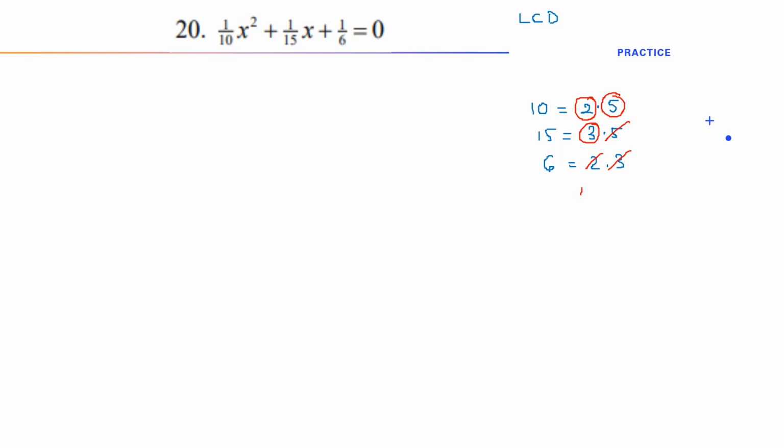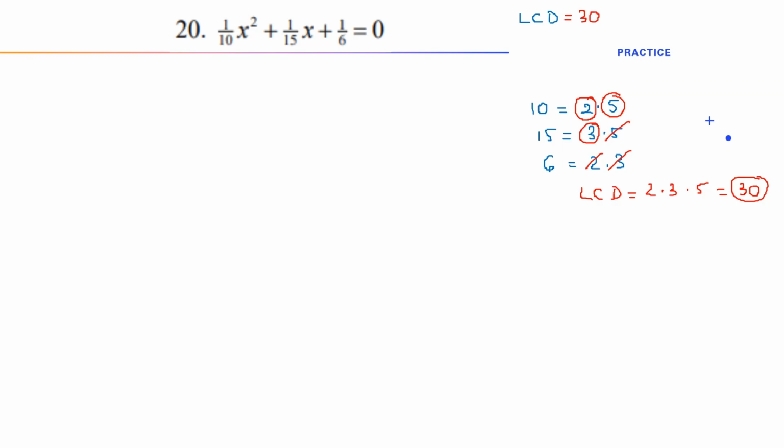So my LCD, the least common denominator, will be 2 times 3 times 5. 2 times 3 is 6 times 5 is 30. So this is the number I'm looking for. Now I will multiply both sides by the least common denominator. All right, multiply both sides by 30.